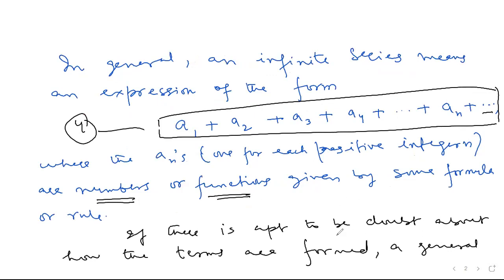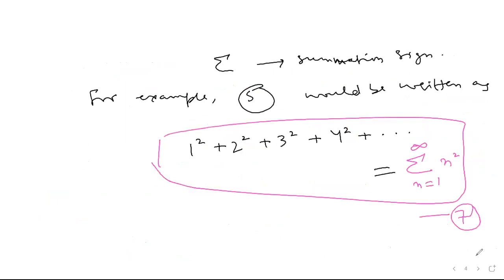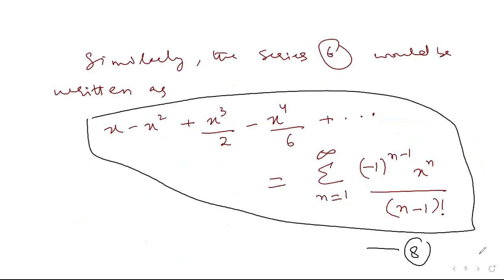Then we said if there is doubt about how the terms are formed, we write a general or nth term in a series as in 5 and 6. Then we discussed how we write the series in shorter form using this summation symbol, and we gave examples of writing them, 7 and 8.